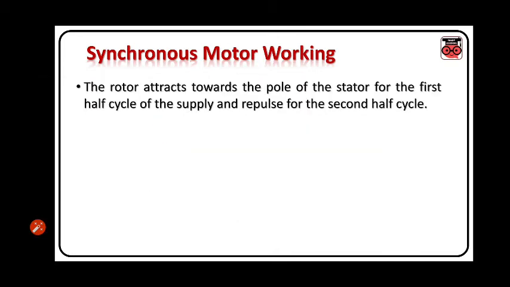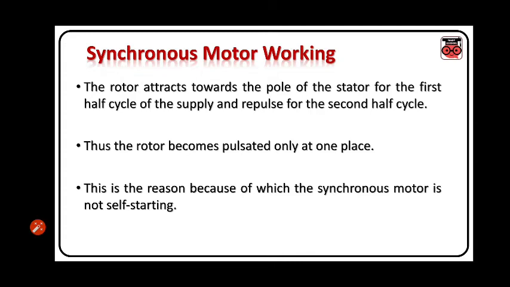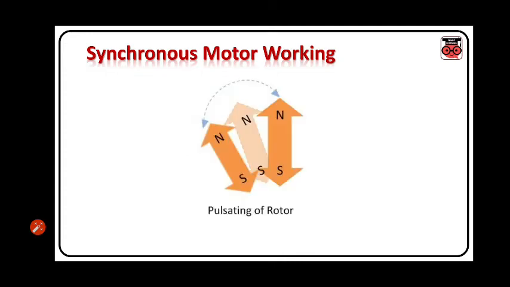The rotor is attracted toward the pole of the stator for the first half cycle of the supply and repulsed for the second half cycle. Thus, the rotor becomes pulsated only at one place. This is the reason because of which the synchronous motor is not self-starting. This is the diagram of pulsating of rotor.